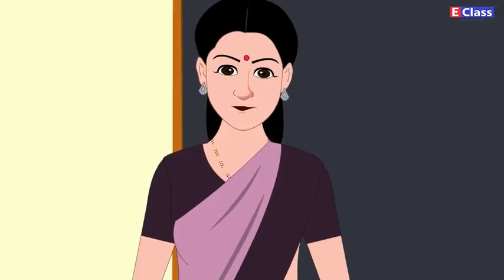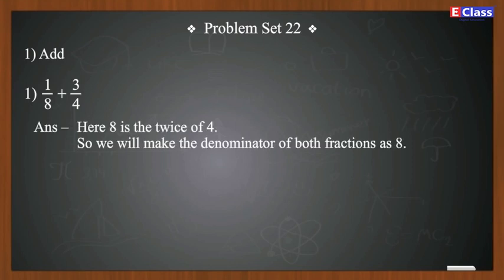Dear students, now we will solve problem set 22. So, let's solve the first problem. 1. Add. 1. 1/8 plus 3/4. Answer. Here, 8 is twice of 4.